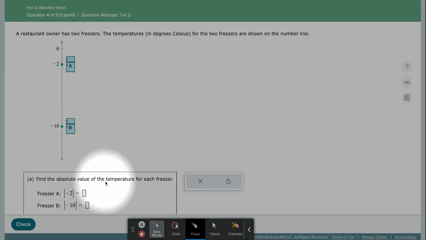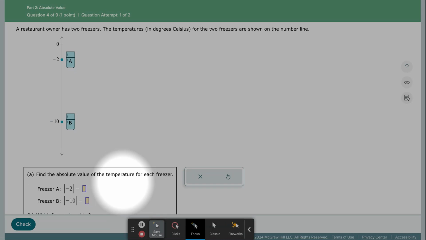So find the absolute value of the temperature for each freezer. So once again, what's the absolute value of your -2 degrees? How many hops are we from 0? We're 2 hops away, right? How many hops from 0 are we down here at -10? We're going to be 10 hops away.